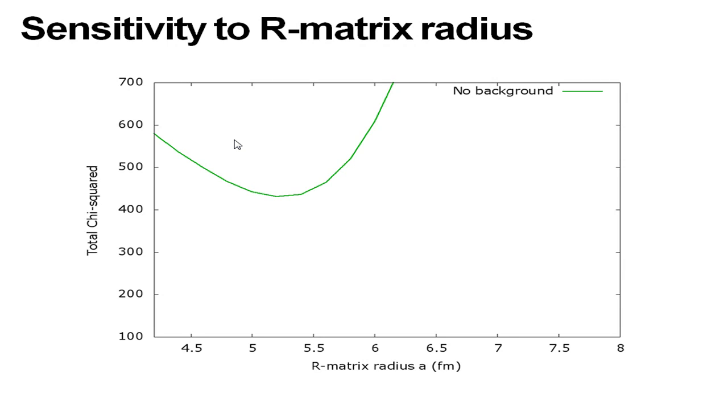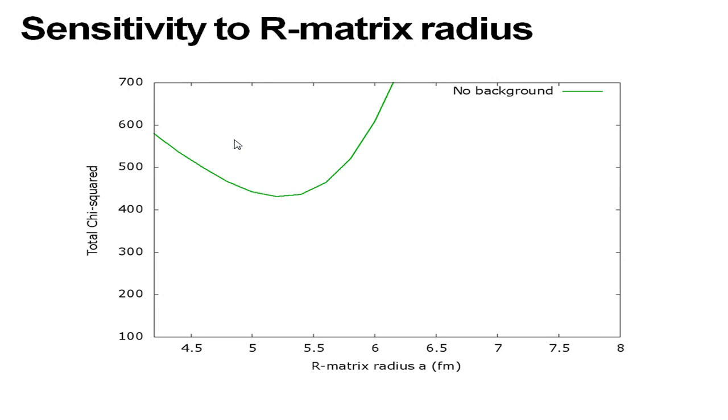And you can see what we get here. This is just a fit to the carbon data that you've all been looking at, with the 4 plus and the 1 minus resonance. With no background poles, this is the total chi-squared as a function of the R matrix radius. You can see this is very much dependent on what the R matrix radius is.